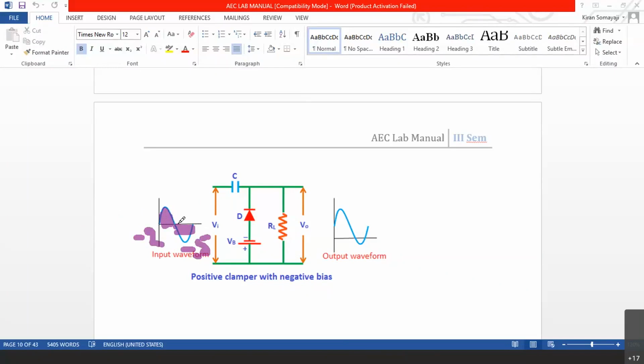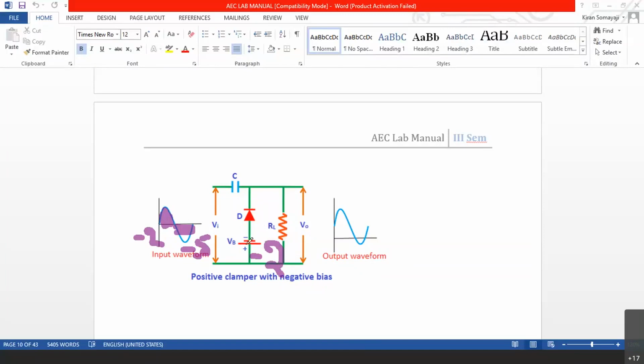In the positive cycle, the diode will never conduct. In the negative cycle also, until the voltage reaches -2, the diode will not conduct, because this VB is -2 in our example. As long as this -2 effect is reverse biasing the diode, until it is overcome, the diode will never conduct.